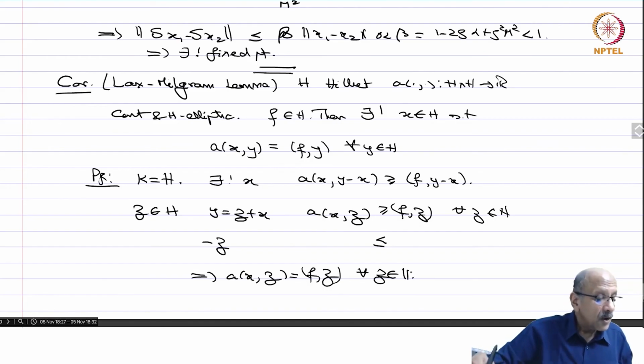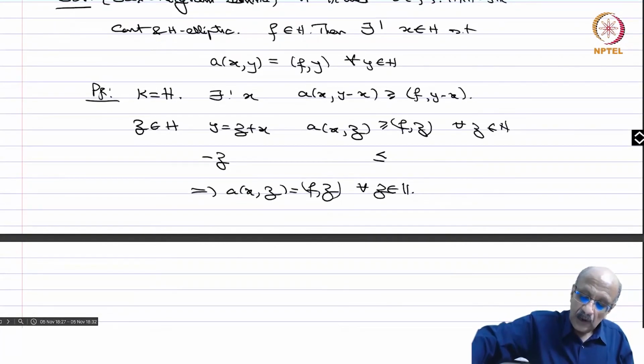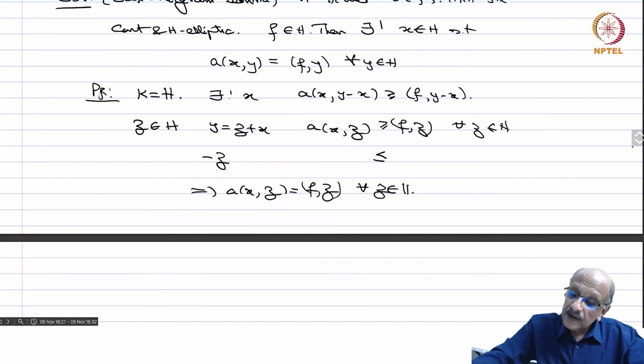Okay, so the Lax-Milgram lemma is, as I said, the infinite dimensional.